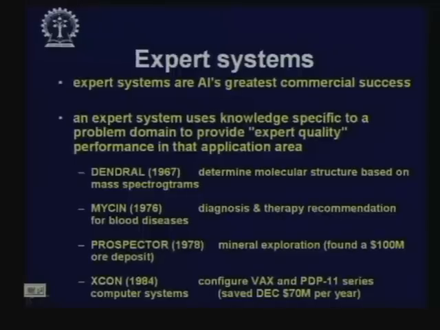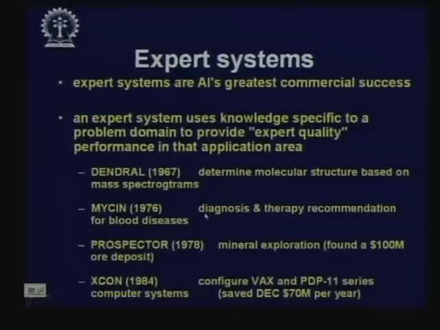Now, there have been a number of successful expert systems. Here we can see some of the names you can note down. Dendral, which was developed in 1967, is an expert system that determines molecular structure based on mass spectrograms. There is a typing mistake here. MYCIN, which was a very popular expert system developed at Stanford University by Dr. E. H. Shortliffe in 1976 as part of his PhD dissertation.